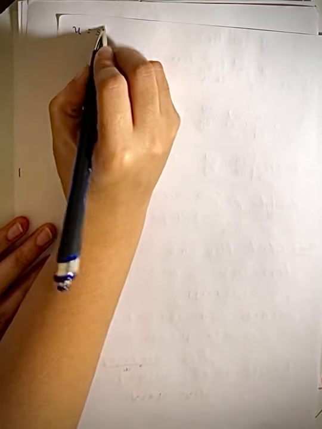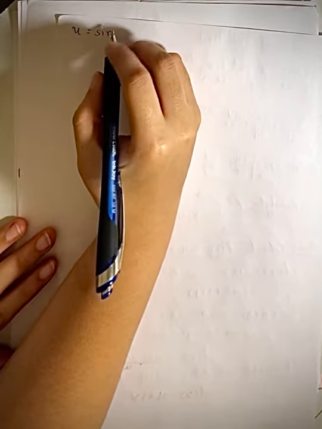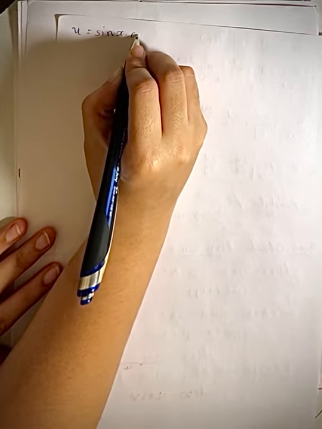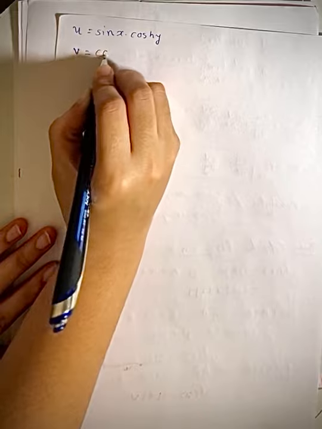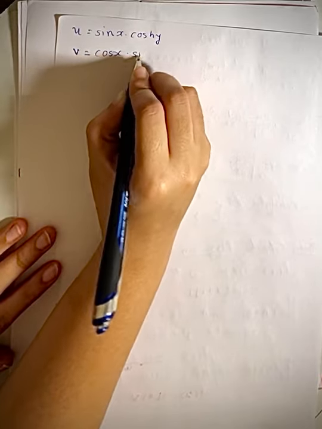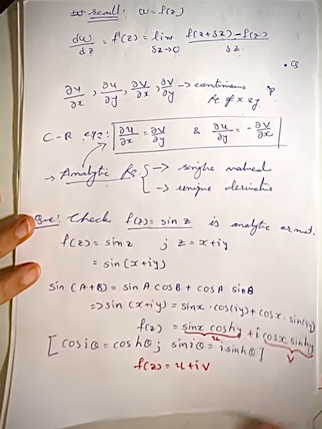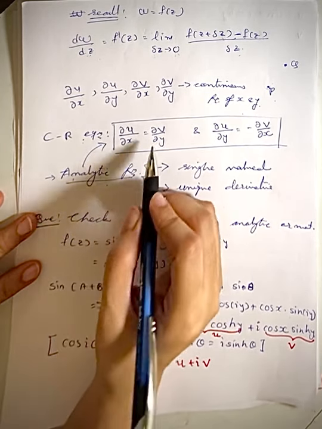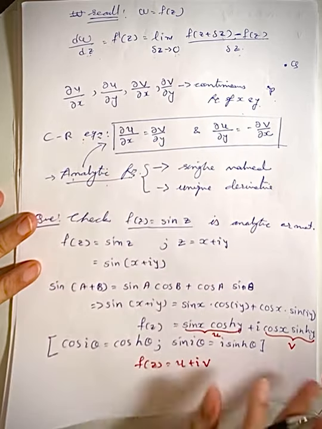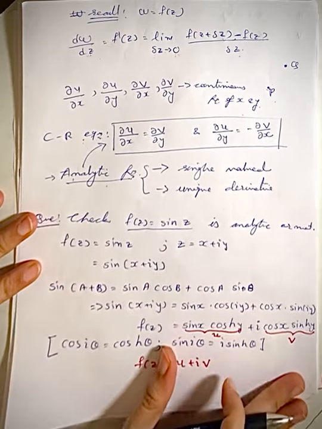So u is equal to sin x cos hy, and v is cos x sin hy. As we studied, to check whether the function is analytic or not, we have to verify the CR equations. That is what we are going to do.